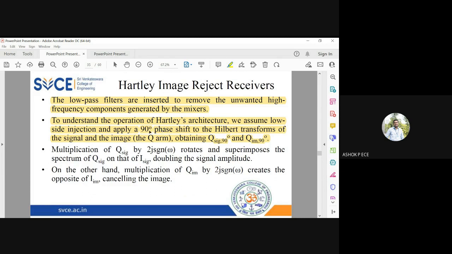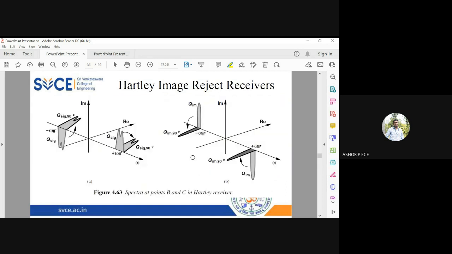When you shift by 90 degrees, it is equivalent to multiplying the signal by 2j signum of omega. So the quadrature signal is multiplied by 2j signum of omega, whereas the in-phase signal is multiplied by unity, and when these two are added, the image is cancelled out.